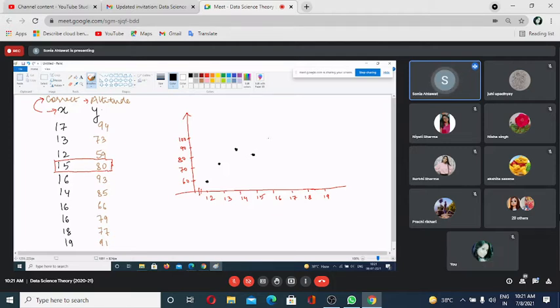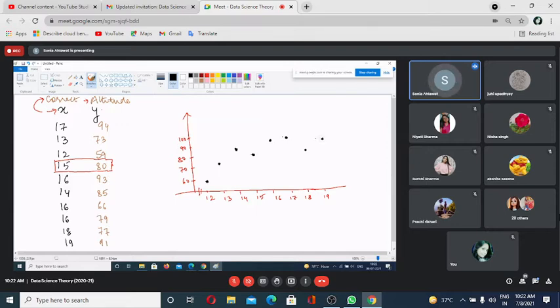At 16, it is 93. At 17 it is 94, slightly ahead of this. At 18 it is 77, somewhere here. At 19 it is 91, in between these two points.